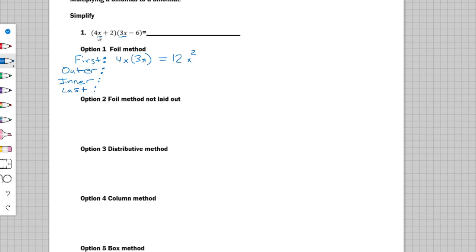Outer represents the outer two, so it's the leftmost term and the rightmost term, so 4x and negative 6. So then we're going to multiply those together. 4x times negative 6 is going to be negative 24x.